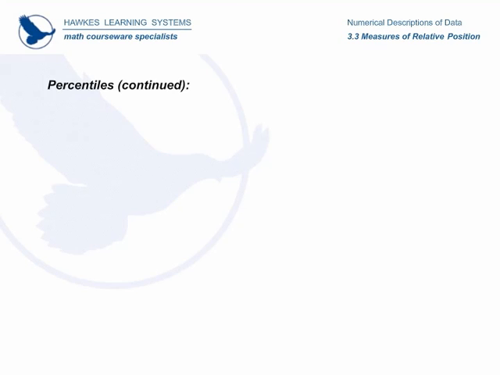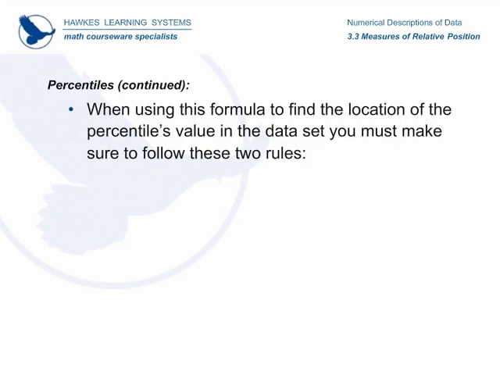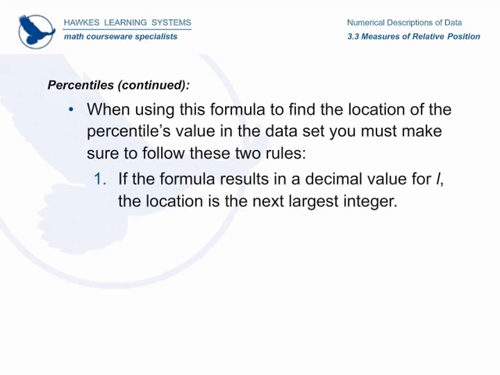Okay, let's continue on with our percentiles. When using this formula to find the location of the percentile's value in the data set, you must make sure to follow these 2 rules. Number 1, if the formula results in a decimal value for L, or location, the location is the next largest integer.